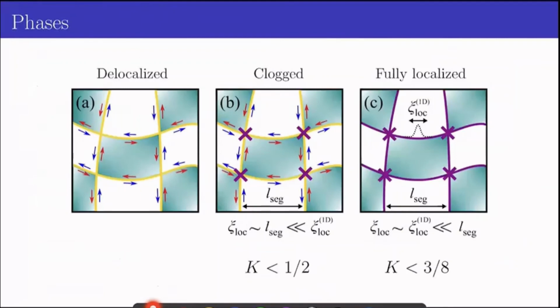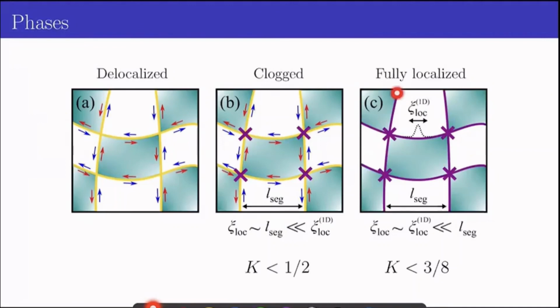Now, let me show you a phase diagram of the surfaces of class C2 under the particle-hole symmetry breaking. In the presence of interaction, there are three possibilities. For weak interaction, the helical network model remains delocalized.